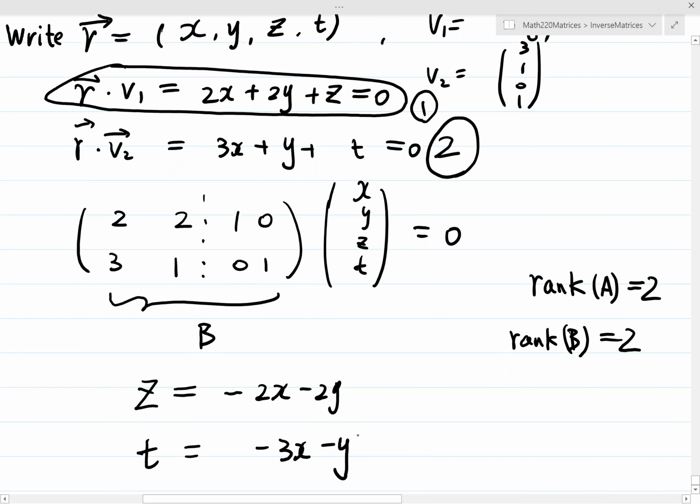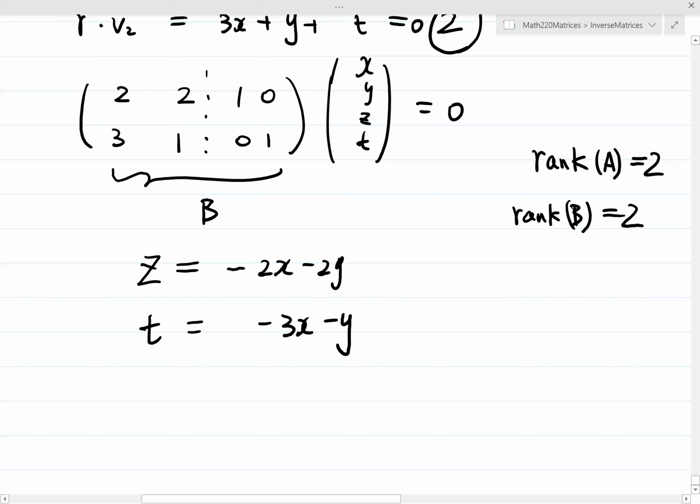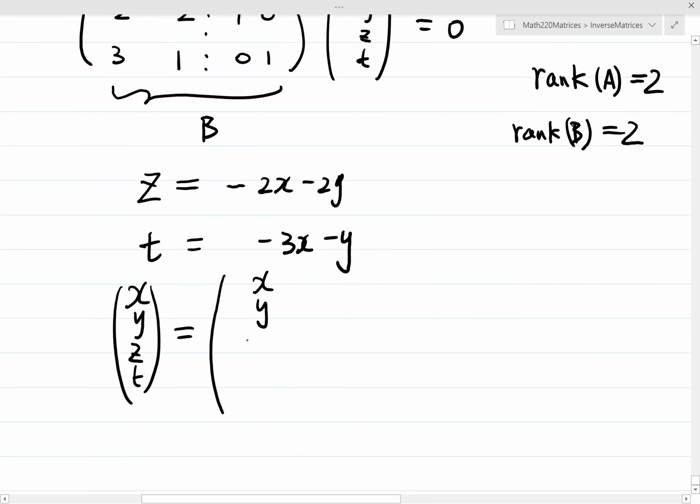So the solution (x, y, z, t) can be written in this form: x, y, and replace z by negative 2x minus 2y, and t is negative 3x minus y.